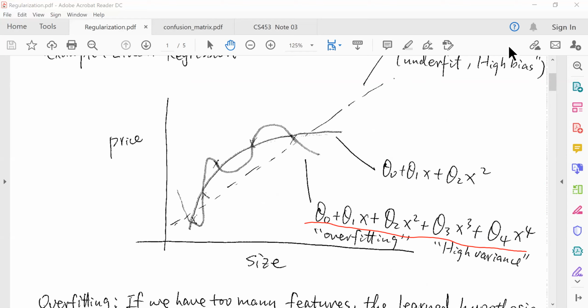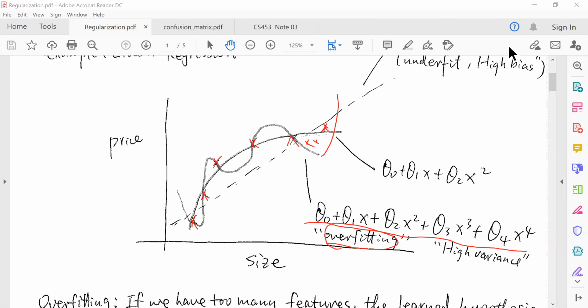In this case, you can see this model goes through every single sample. But there is a problem. It looks very good for the training samples. But suppose this model goes like this, then once you have some new samples in those regions, this will not predict correctly. Generally speaking, that's called overfitting.